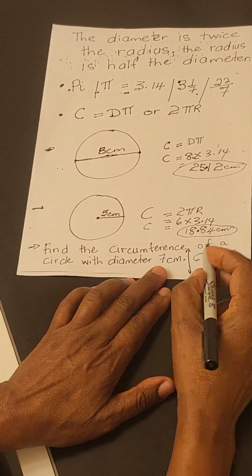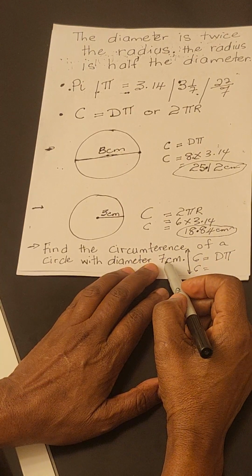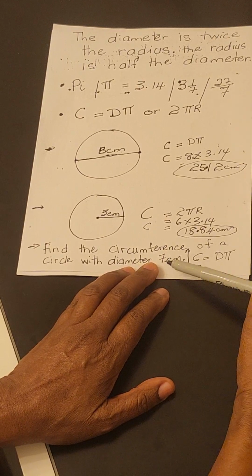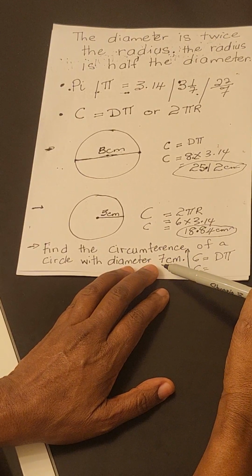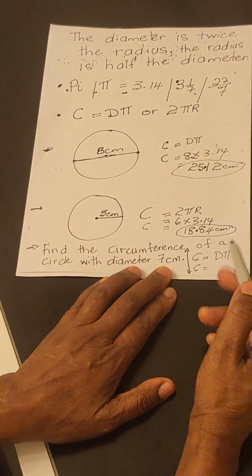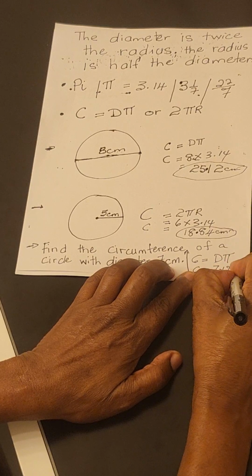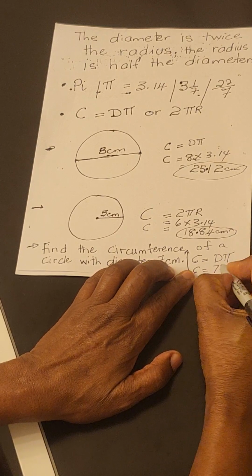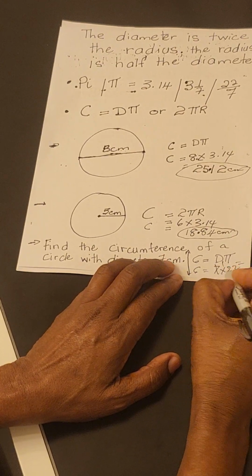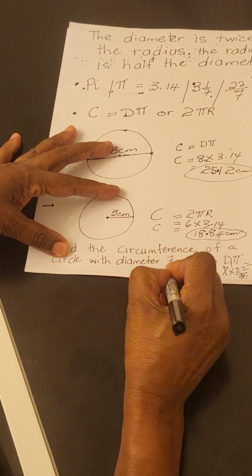And so because 7 is a factor of 7, 7 can divide into 7 one time, you can use this pi now, which is 7 multiplied by 22 over 7, which is equal to, 7 to 7, 1. So the answer is 22 centimeters.